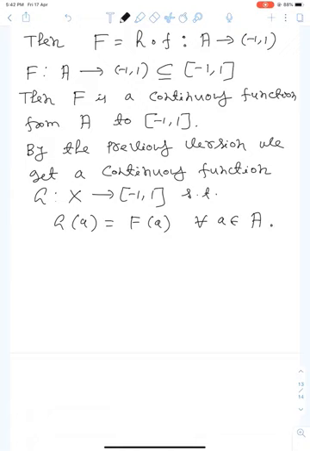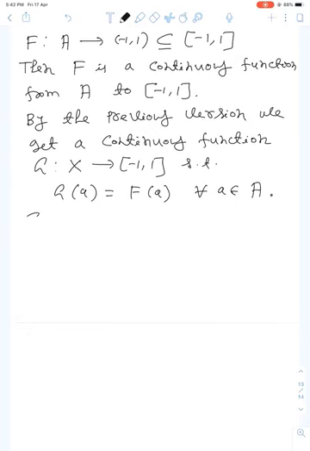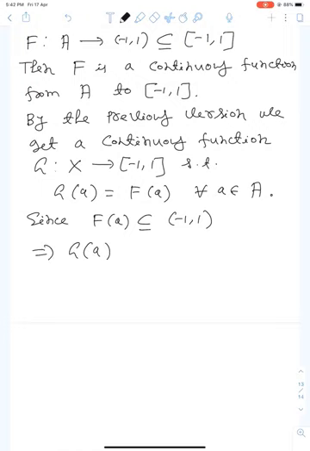Now we know that h of f of a is a subset of (-1, 1). Since it is a subset of (-1, 1), that implies g of A is actually a subset of (-1, 1), right? For all a belongs to A.